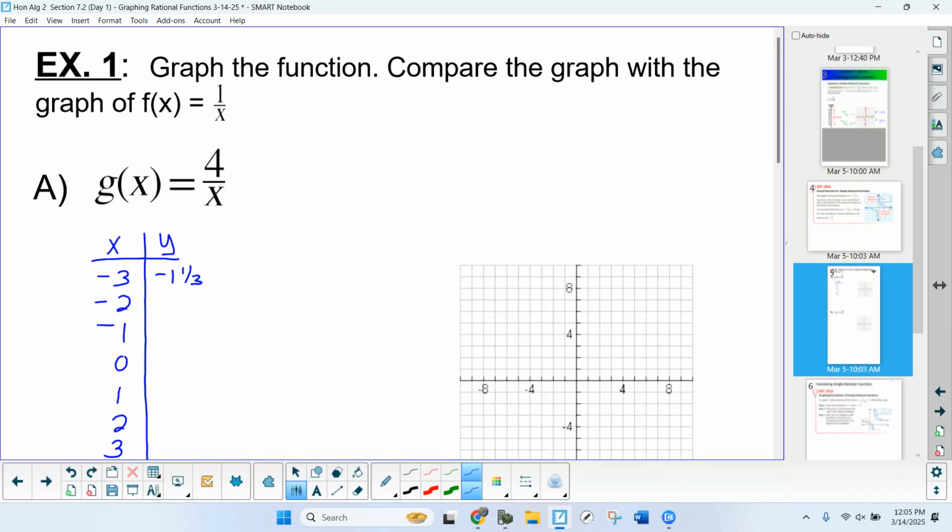What do you get? 4 divided by negative 2 is negative 2. How about negative 1? What do you get? Negative 4. How about 0? Undefined. How about 1? 4. 2? 2. 3? 4/3, which is what? 1 and 1/3. Perfect.